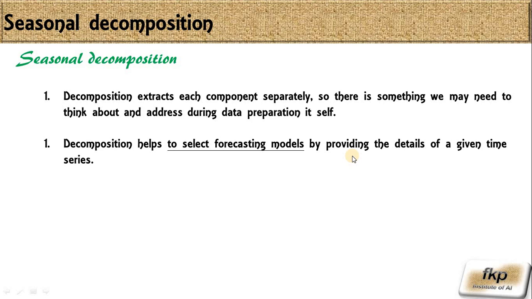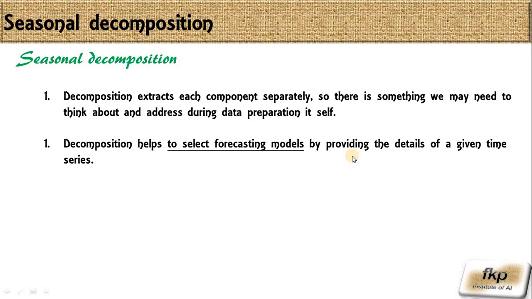Decomposition means extracting each component of a time series and visualizing it separately, so that we get an opportunity to study each component individually, and we can cross verify with what we have in our mind. Is that the data we were thinking to feed to the model to get the predictions?